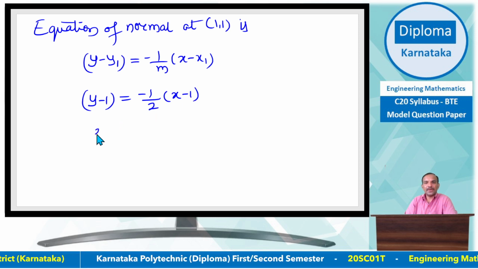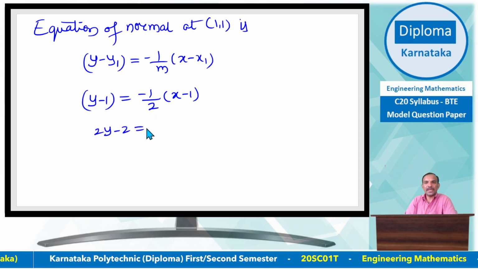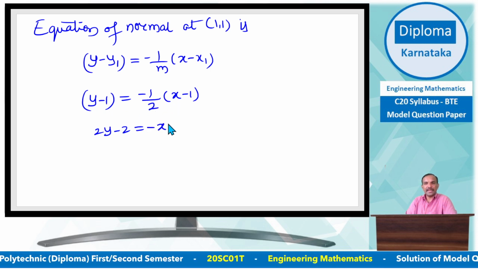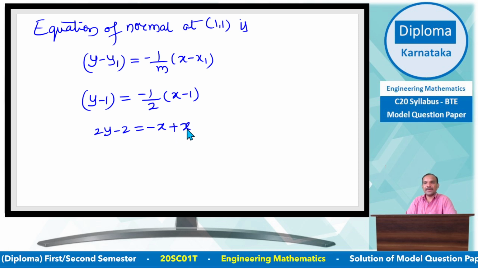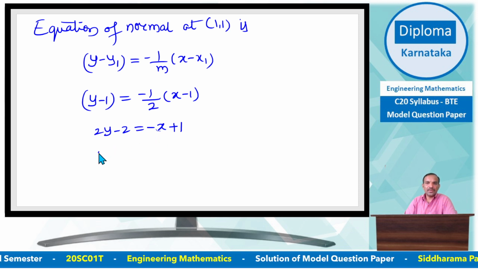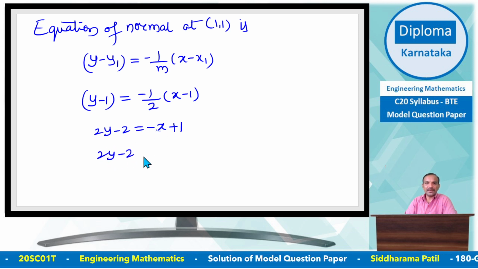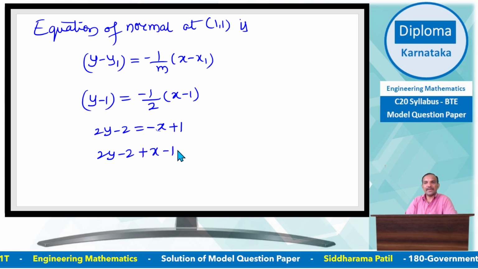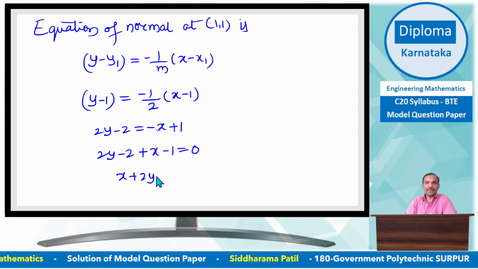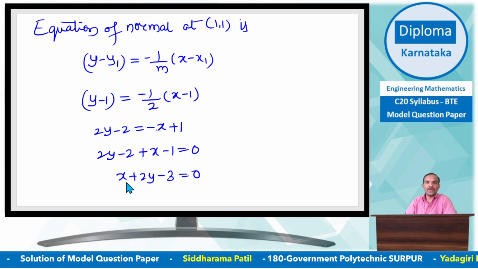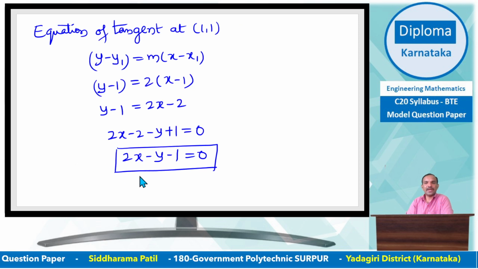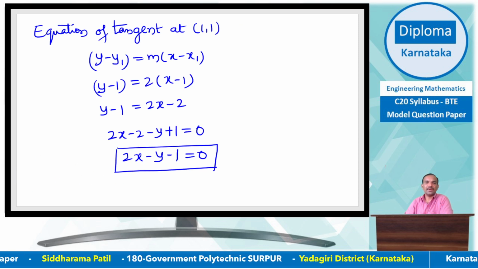Cross multiply: 2y minus 2 equal to minus x, minus into minus is plus 1. Now 2y minus 2 plus x minus 1 equal to 0. That is x plus 2y minus 3 equal to 0. It is the required equation of normal. That was the required equation of tangent, and this is the required equation of normal.